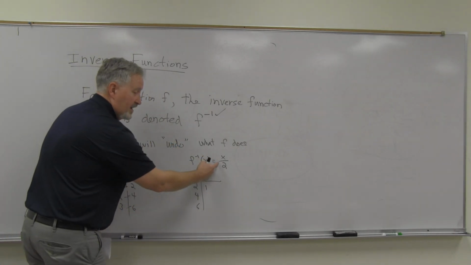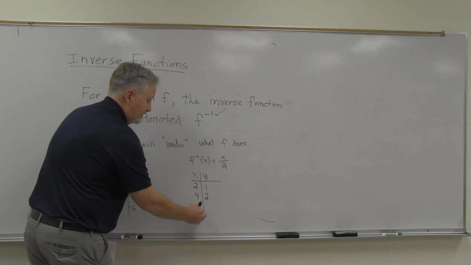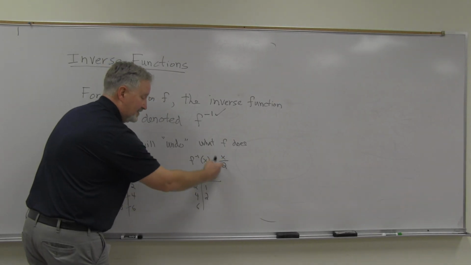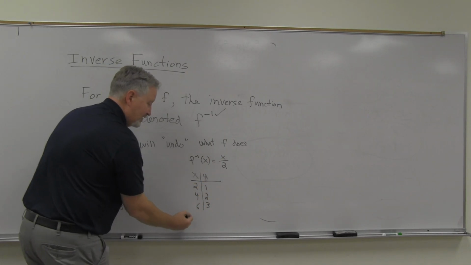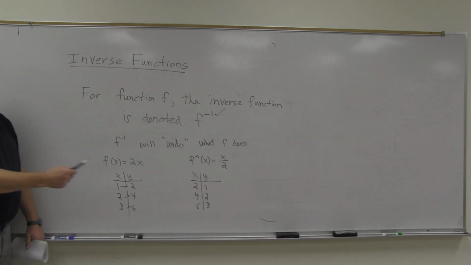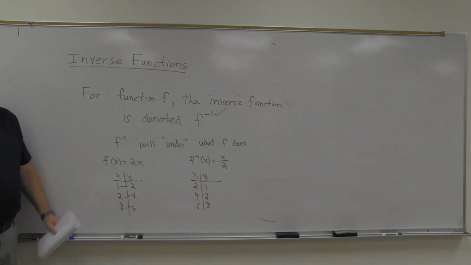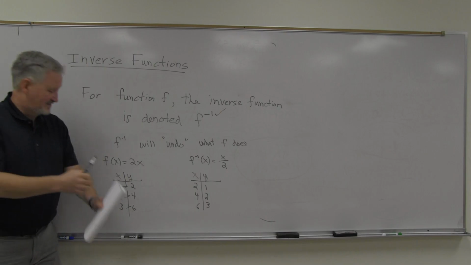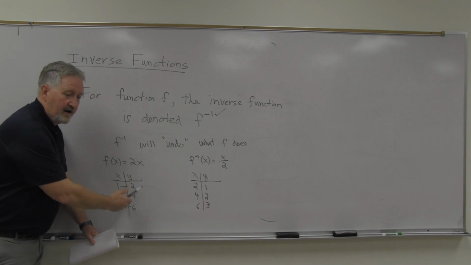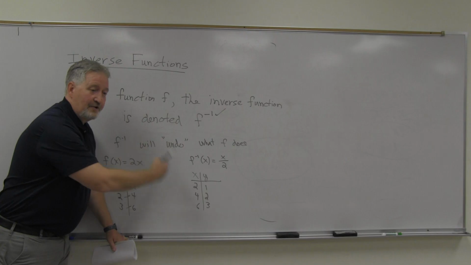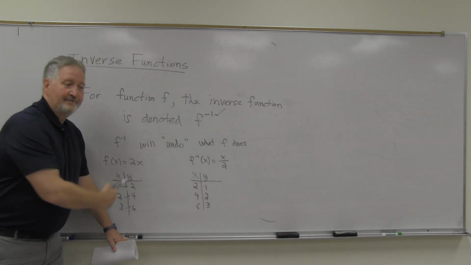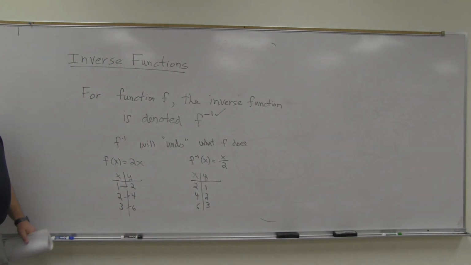When x is 4, y is 4 over 2, that's 2. And when x is 6, y is 3. See that? That's what it does. It takes the x's, maps them to y, but then the inverse takes those as x's and maps them back to what you started with.